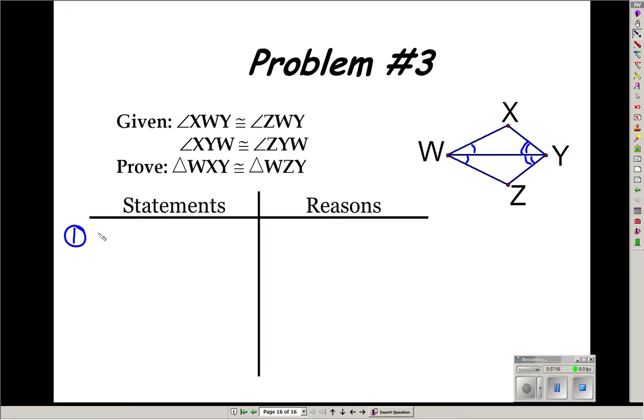Begin with what you're given. Angle XWY is congruent to angle ZWY, and angle XYW is congruent to angle ZYW. And we know that's true because we were given that information.